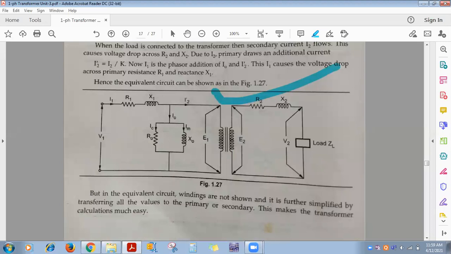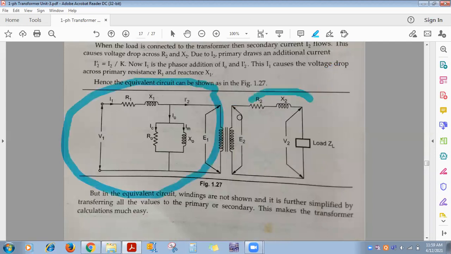Okay. Now here if you see, you can do calculations on the primary side separately, and you can do calculations separately on the secondary side also. But doing separate calculations for the primary side and separate calculations for the secondary side, there is another convenient option which is less time consuming.